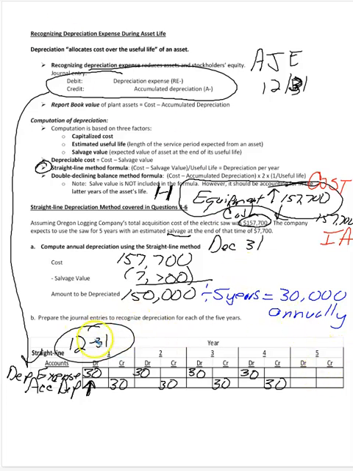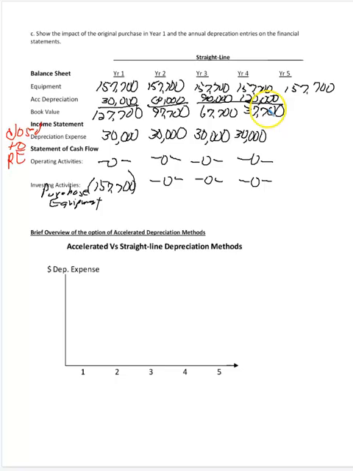A whole year goes by. In year 5, it's December 31st, and we make our journal entry of $30,000 for depreciation expense. So year 5, $30,000 of expense. Accumulated goes up $30,000 to $150,000. Now the book value is $7,700, and there was no cash flow.